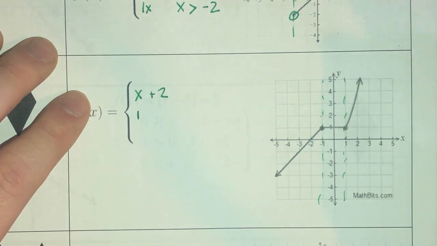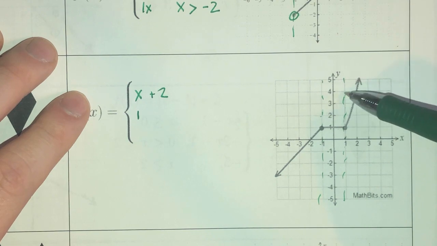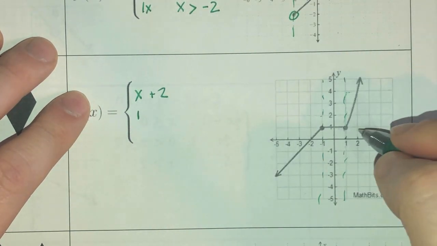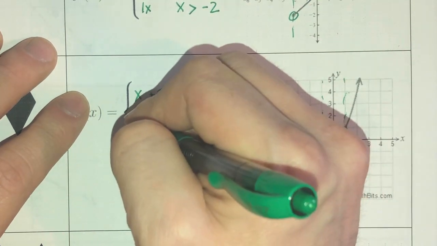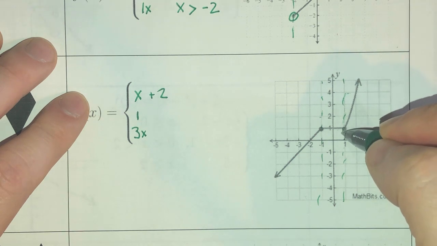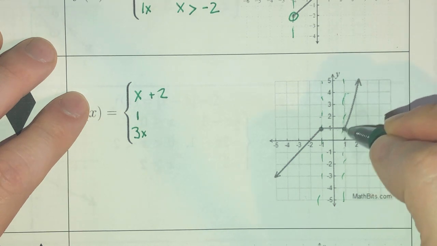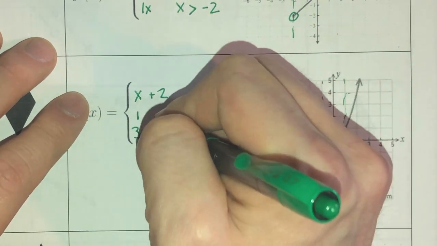Last piece, it looks like a curve. I'm going to interpret this as a line. It goes up 3 over 1. So that's a slope of 3. Now, let's trace downwards. If I keep going along that line, I end up at -2.